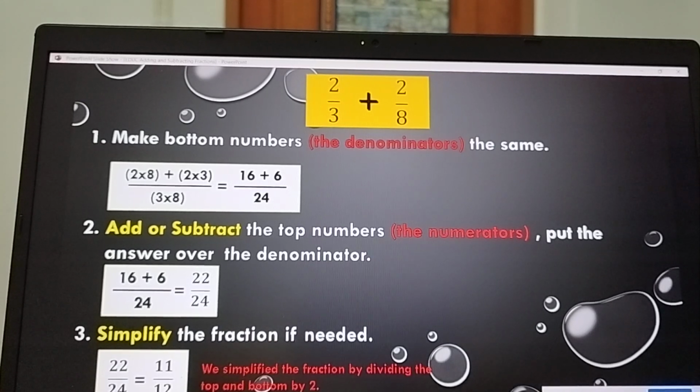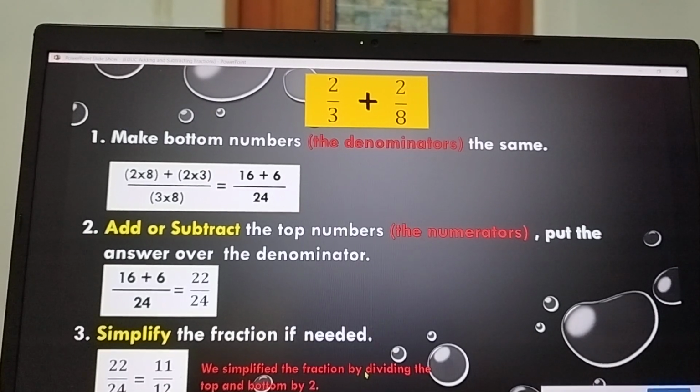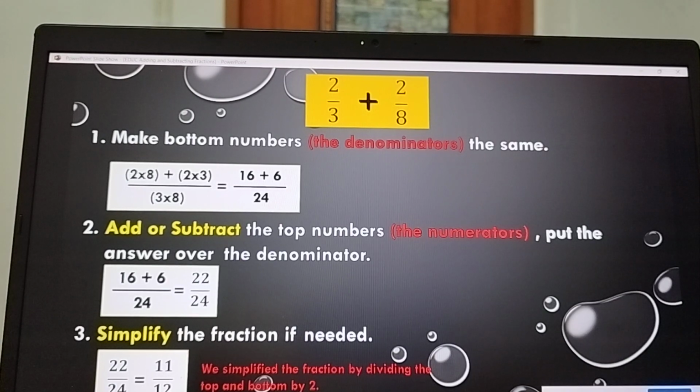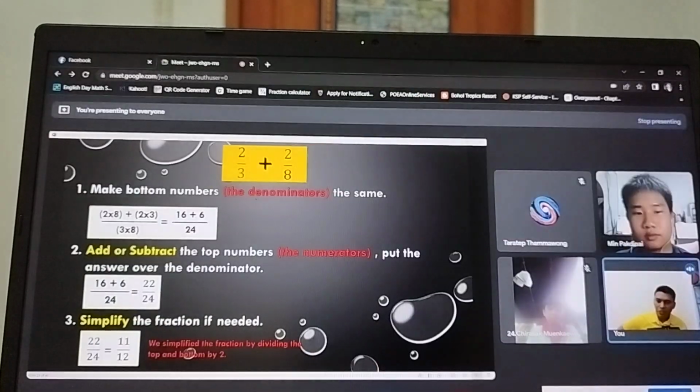So, 11 over 12 is the final answer. Very good, Pakdinay. Wow, you're very smart. So again, we simplify the fraction by dividing the top and bottom by 2. 22 divided by 2 is 11. 24 divided by 2 is 12. So, the simplified answer is 11 over 12. Thank you for answering.